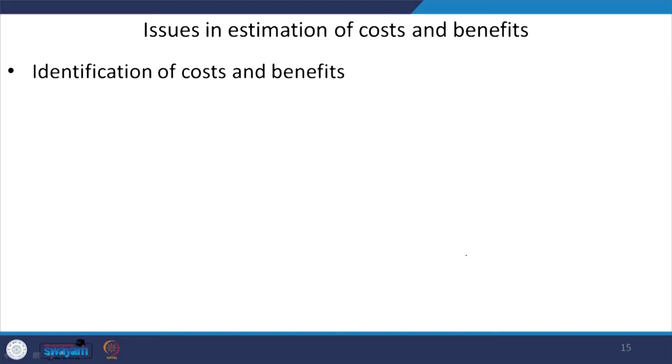Although we talked about the identification of costs and benefits being crucial, still it is very likely that we may omit certain likely costs or likely benefits of a particular policy or project if it is to be implemented. So, that is again a tricky affair.